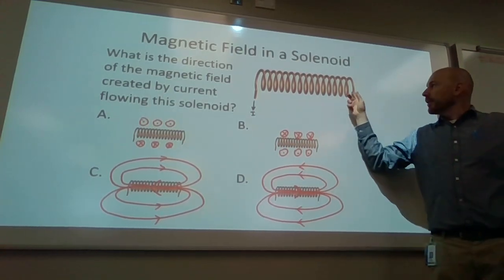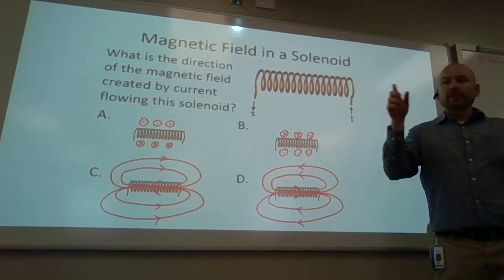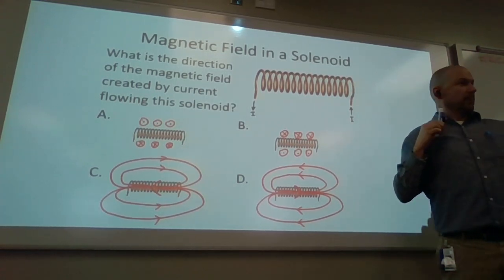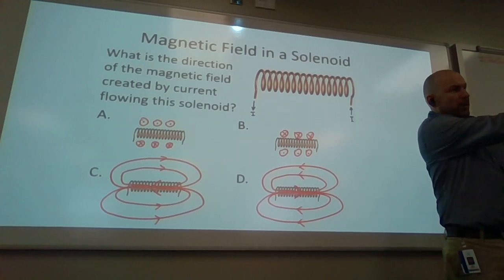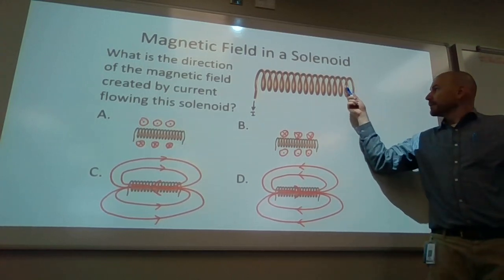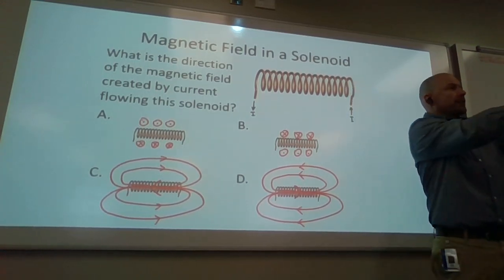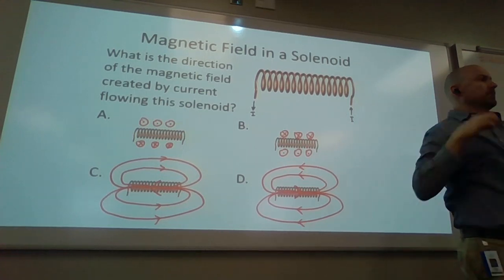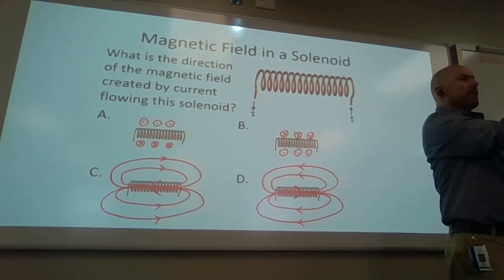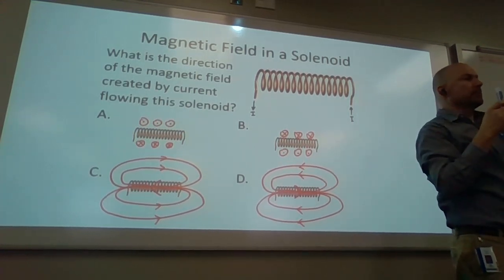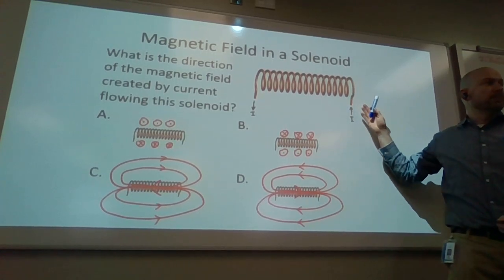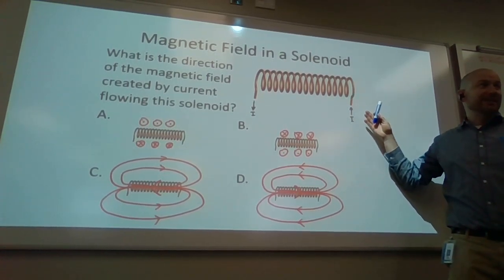This one's here. The other one's deeper. This one's closer than that one. It's going around like this. So this is closer than this. I'm looking at the closer part.